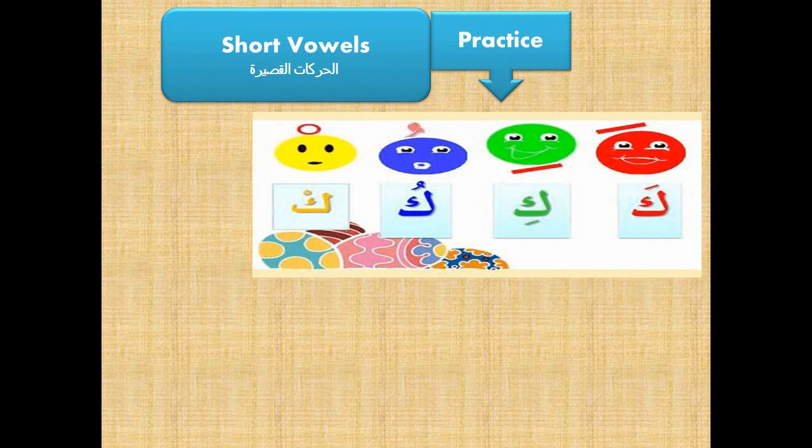Let's give some examples. Look at this letter, this is Ka. Look here, we have a small line above this letter, Ka. So, we pronounce it like this, Ka. The second, we have under this letter a short line. This is Ki. We pronounce it Ki.